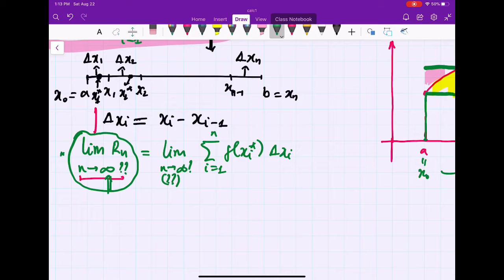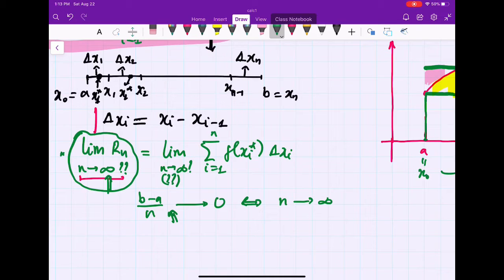Let me remind you: we have b minus a over n, and we know that this approaches 0, because we need this in order to avoid the error. That is equivalent to the number of subintervals approaching infinity.